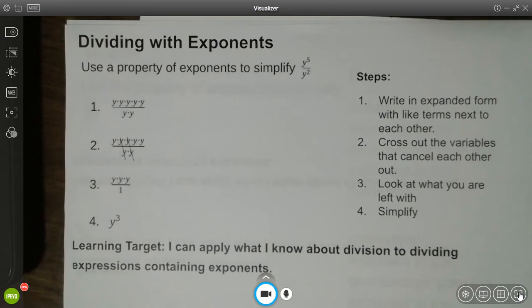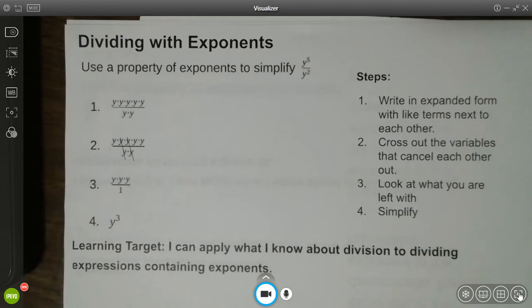So here are our rules when we divide with exponents. We're going to use the property of exponents to simplify y to the fifth divided by y to the second. And again, we're going to do this longhand. We're going to write it in expanded form first so we understand why it works, and then we'll learn our shortcut.